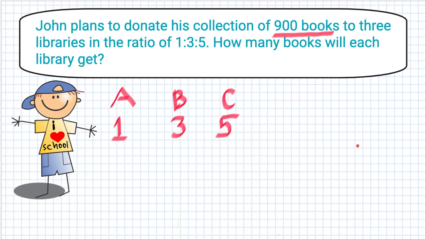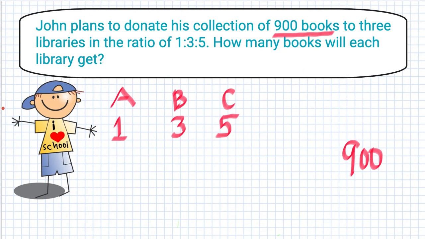Now, how are you going to distribute this 900 knowing that this will be the ratio 1:3:5 for Library A, Library B, and Library C? For every one book Library A gets, Library B will have 3 books, and Library C will have 5 books.